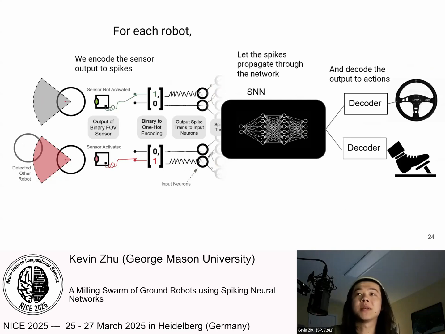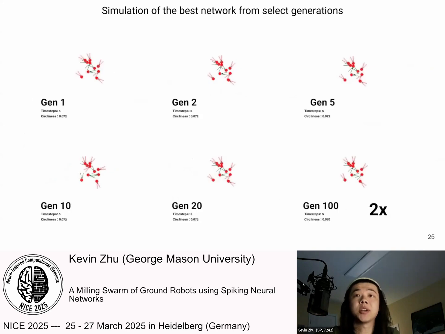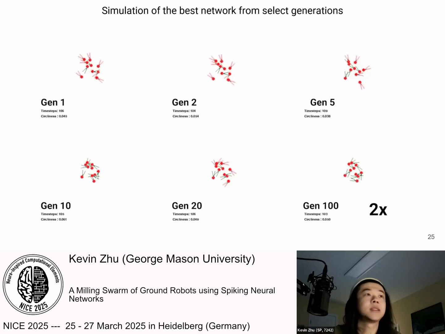Our rate decoding setup is also periodic, but we account for the propagation time by running the processor for a few extra steps just so that there's enough time for a change in the sensor readouts to be reflected in the portion of the output raster that matters for this particular tick of the outer simulation. And if we let the evolutionary system run, the networks hopefully evolve to optimize circliness.